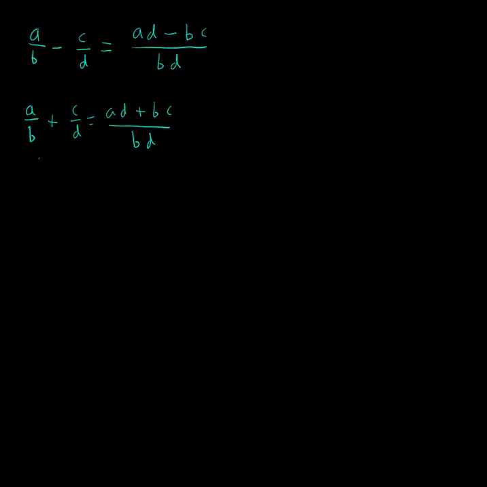So if you think about it, if I rewrite this as a over b plus negative c over d, it seems reasonable that from the actual thing that we've pretty much proven, or at least shown very rigorously, we can write this, which is going to be the exact same as our original subtraction, as ad plus b times negative c over bd.